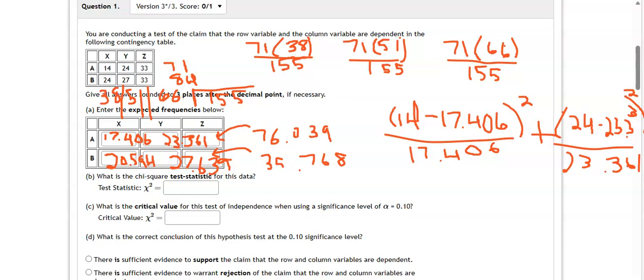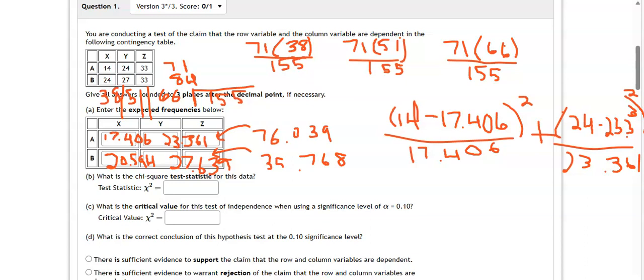So I'll have to do 33 minus 76.039 squared over 76.039. And then I'll have to do 24 minus 20.594 squared over 20.594. And then I'll have 6 of those calculations to add up.